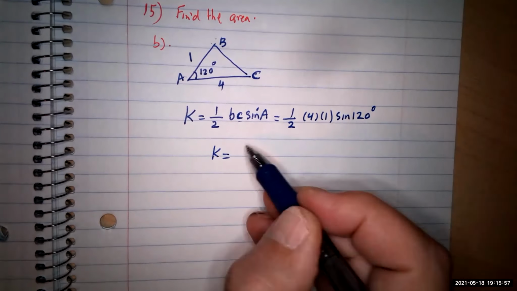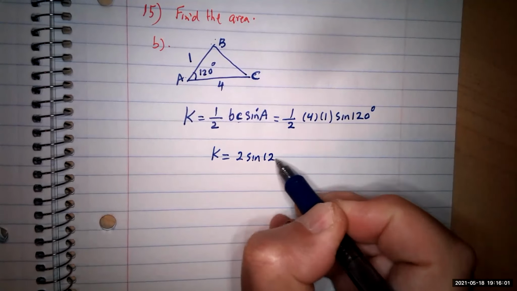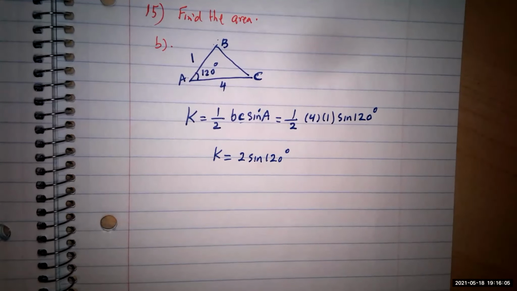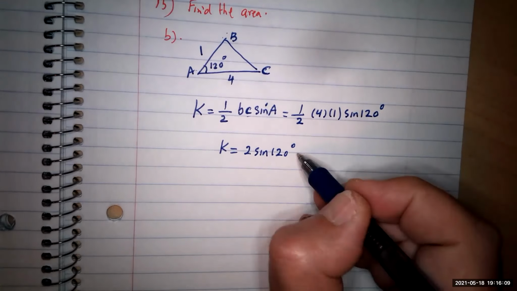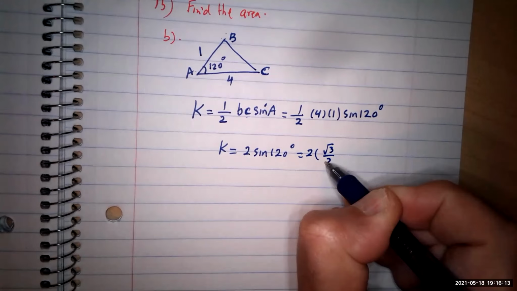So this is going to be 2 sine of 120. You know that 120 is in the second quadrant, and the sine of 120 is the same as the sine of 60, which is going to be 2 times radical 3 over 2.